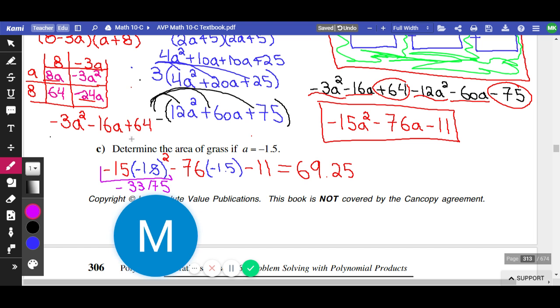And then I could calculate this guy, making sure it's 76 times negative 1.5, and I'm going minus negative 114, and then minus 11. Maybe that's a safer way for you to do it if it's not going in your calculator properly. Then you're just doing numbers. Negative 33.75 minus negative 114 minus 11. And you would end up getting 69.25.